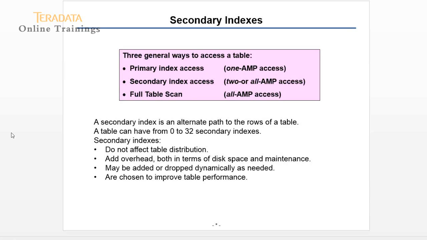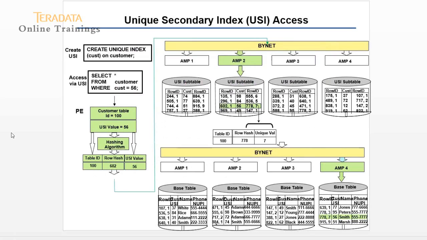We can have 0 to 32 secondary indexes on a table. That is the maximum limit, and secondary index will be more than one amp operation. So I will show you the data distribution, how it will happen.